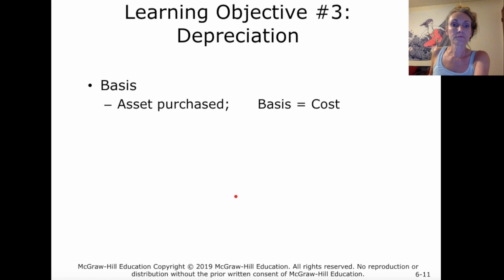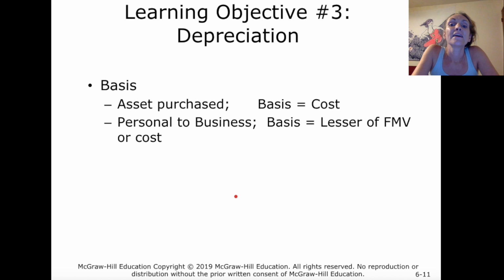So our basis is asset purchased. Basis is cost. Now, if you have an asset that is personal, real estate is common, and you change it to business, so let's say you start using a residential property as a rental property, the basis is not your cost.